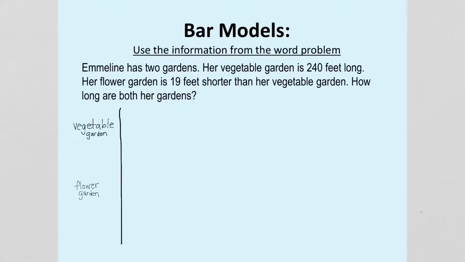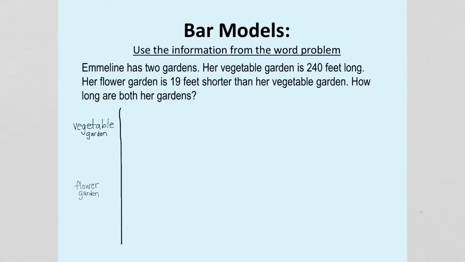We also know her other garden is a flower garden. Those are her 2 gardens. So do we know the length of her vegetable garden or her flower garden? You can always look back in the word problem. You're right. We know without a doubt the length of her vegetable garden.